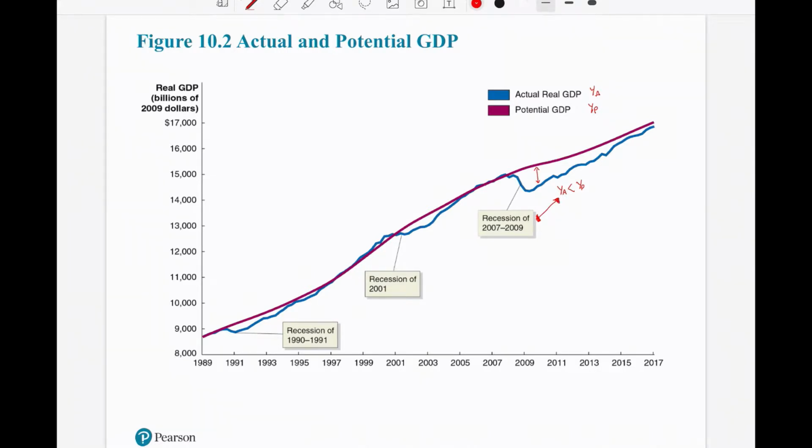And then there are other cases, like right here, where we see that our actual output is greater than our potential. Now in Chapter 12, we will explore how the economy responds when we are producing above or below our potential and some of the ramifications.